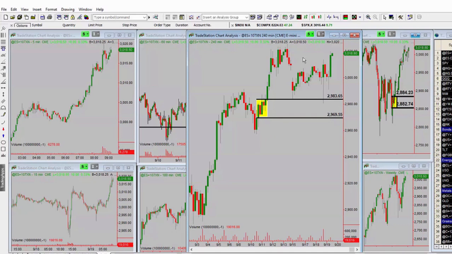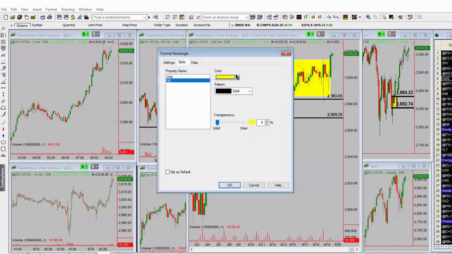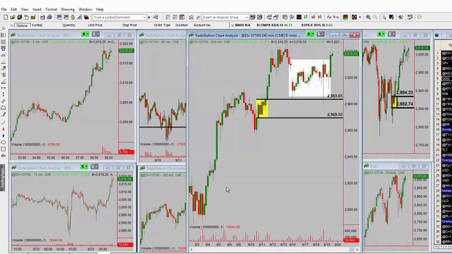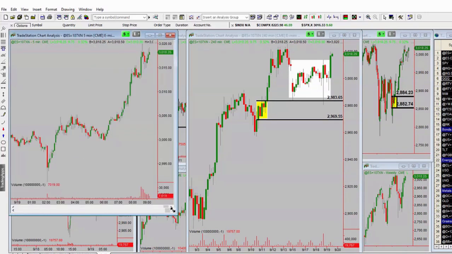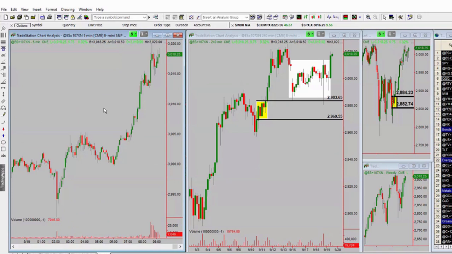Now, if you look at this picture right here, and let's make this a different color. All right, now let's look at a 5-minute chart or 10-minute chart or whatever you want to look at next to that.